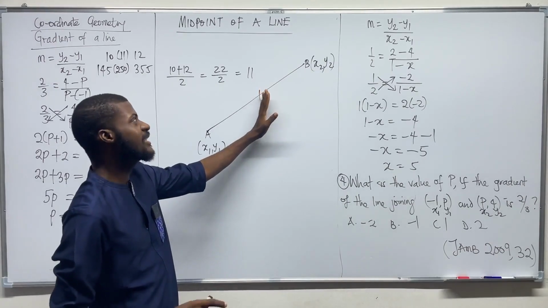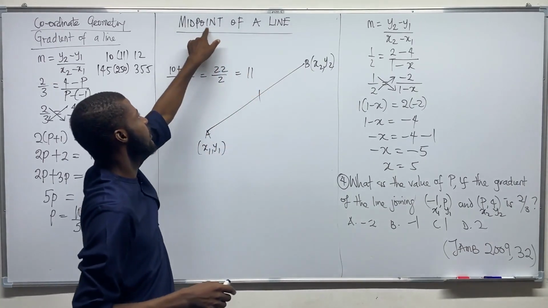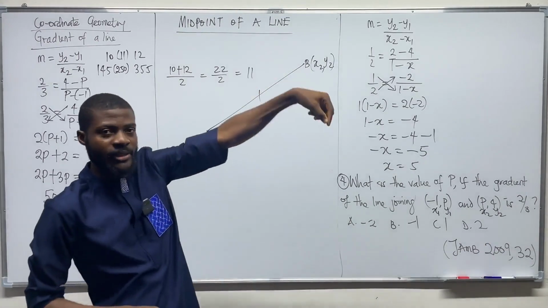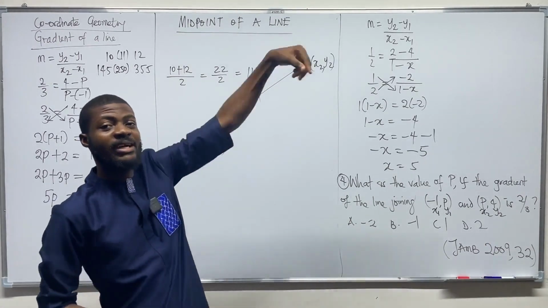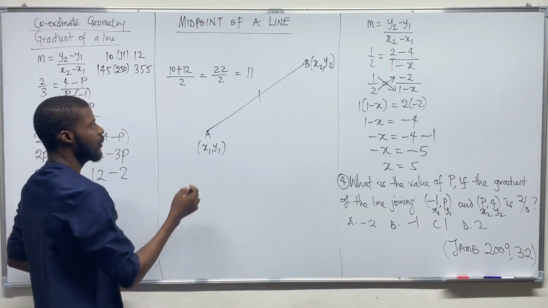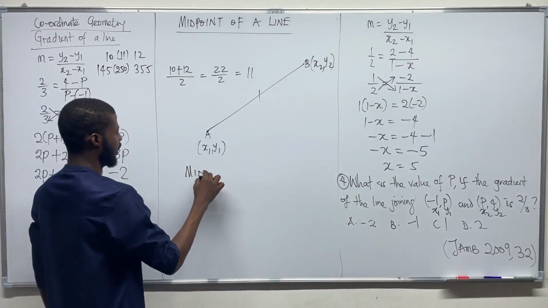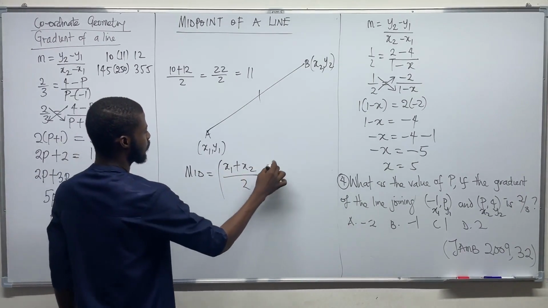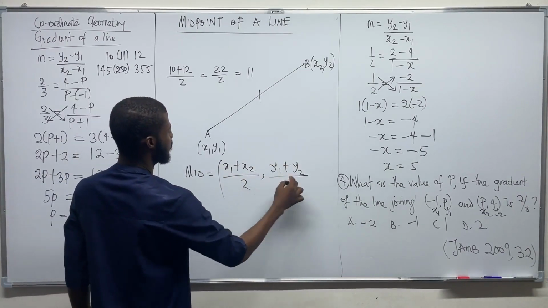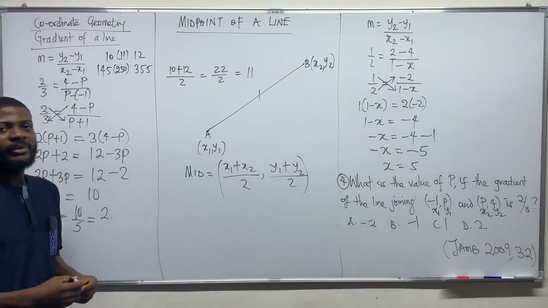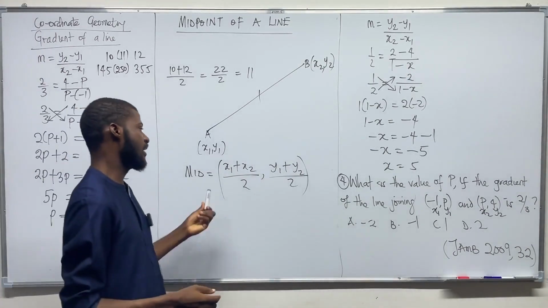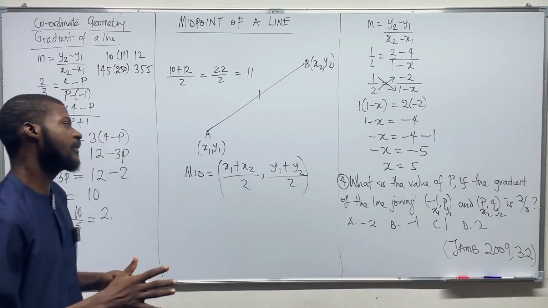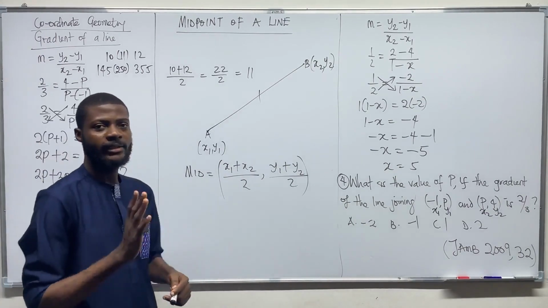As the name suggests, midpoint is also a point, so a midpoint must always have an x and y portion. So the midpoint formula is x1 plus x2 over 2, y1 plus y2 over 2. This is the formula for the midpoint of any line.